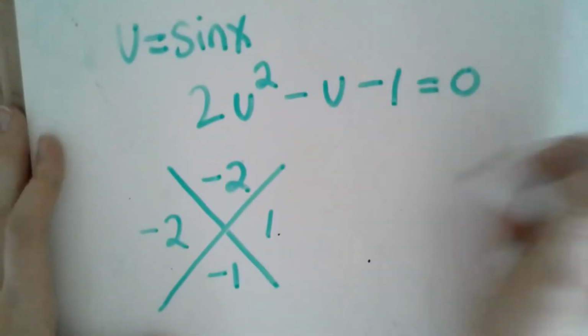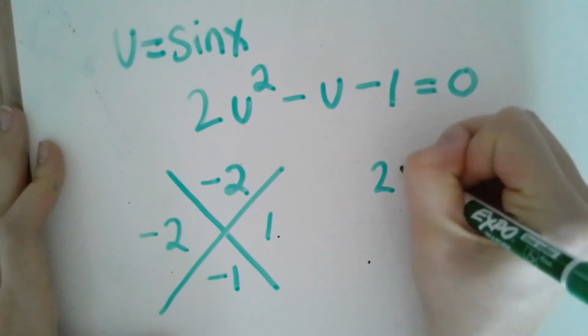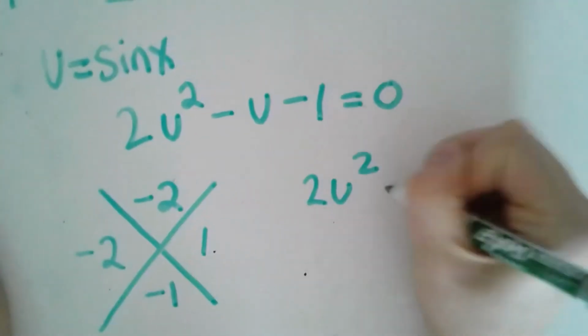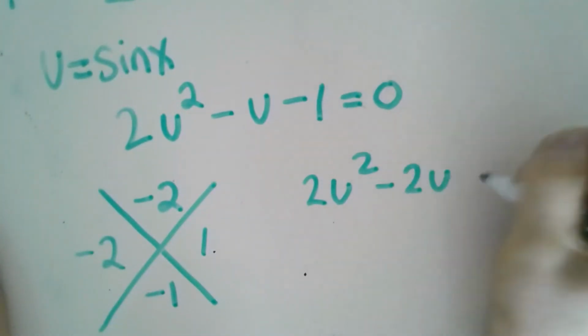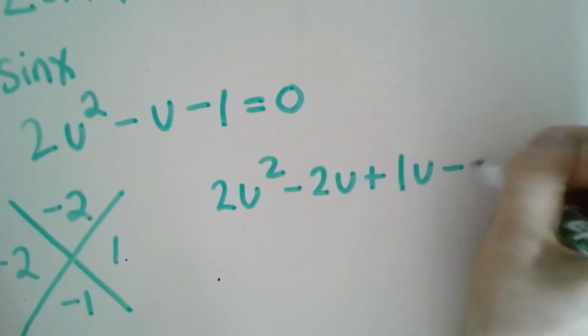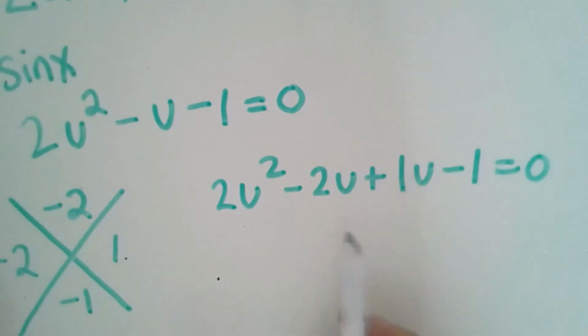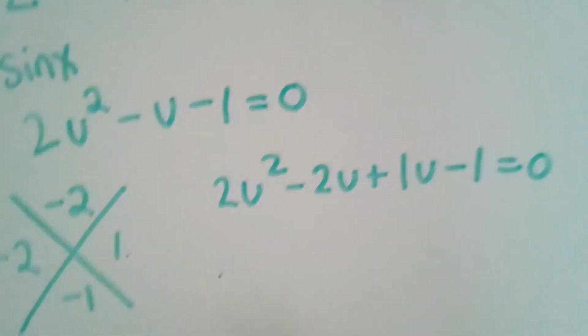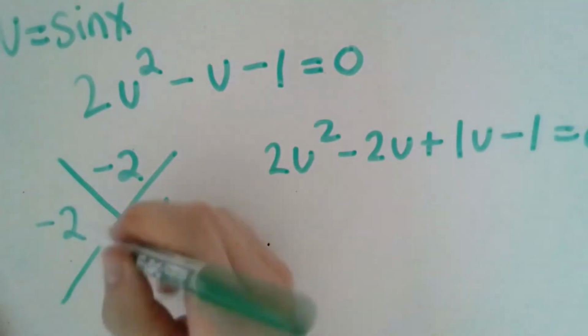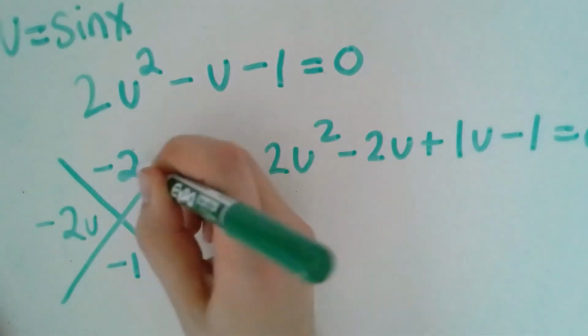So we can rewrite this as 2u squared minus 2u plus 1u minus 1 equals 0. So we're just rewriting B as negative 2u plus 1u.